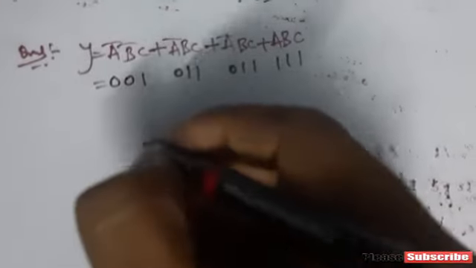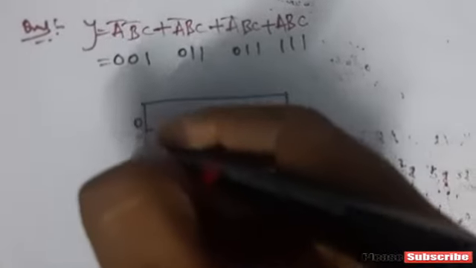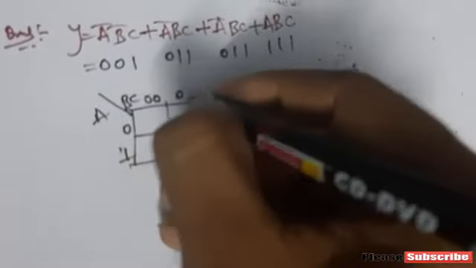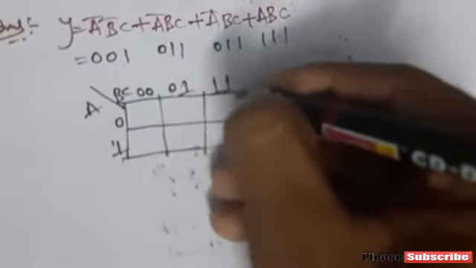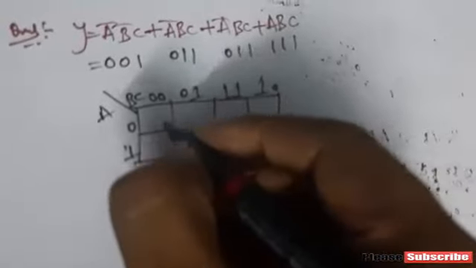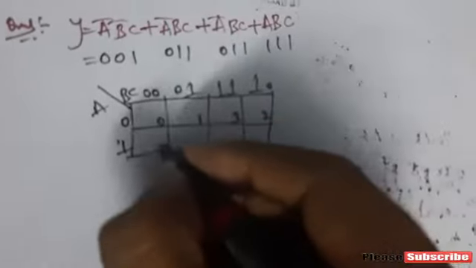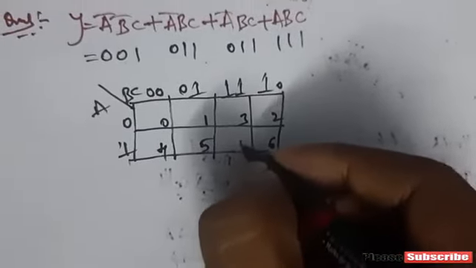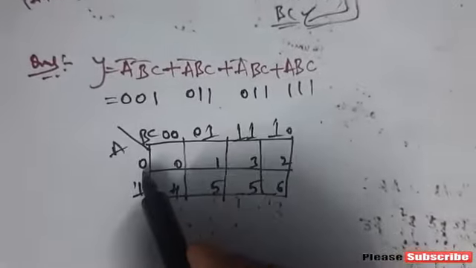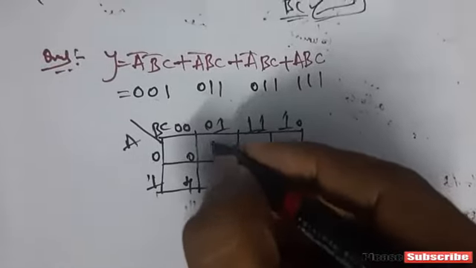This will be the 0 0 1. Here 0 1 1, 0 1 1, 1 1 1. 3 variables, that means 8 cells. A B C, 0 1, 0 0, 0 1, 1 1, 1 0, 0 1 2 3 4 5 6 7. 0 0 1 presented with 1.